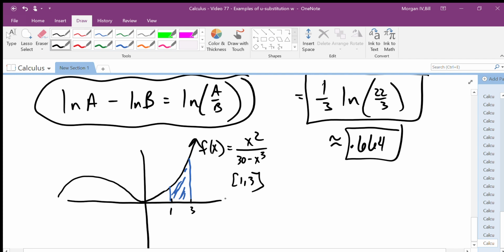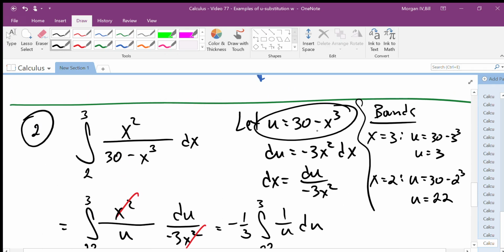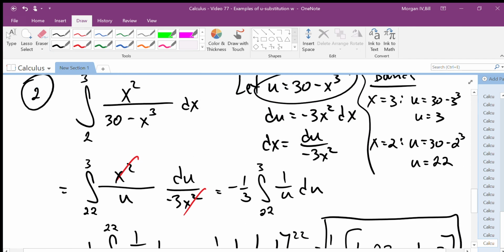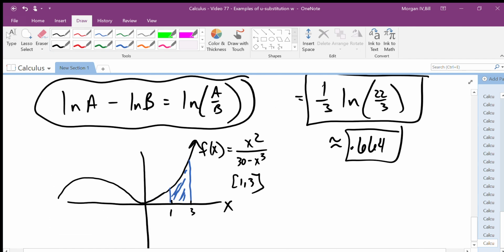We're now switching this from x bounds into u bounds by that equation, let u equal 30 minus x cubed. I'm sorry, that should have been from 2 to 3, not 1 to 3.